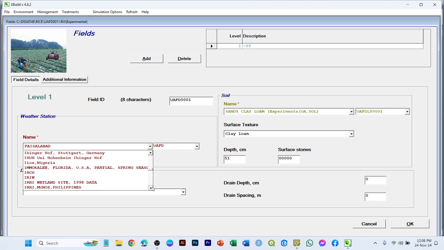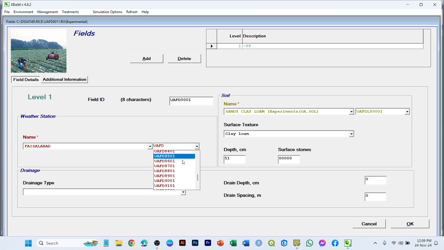Keep in mind, it doesn't mean that in Ghazipur, for example, if we consider the weather file of Ghazipur, there will be different experiments of different persons. I mean, for the professor, there will be a different experiment, for you and for all the people. There will be different experiments, but the location will be the same. But the code, you have to mention according to your experiment information that you put in the last slide.